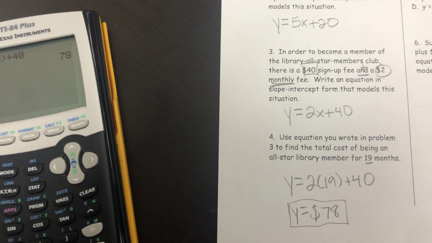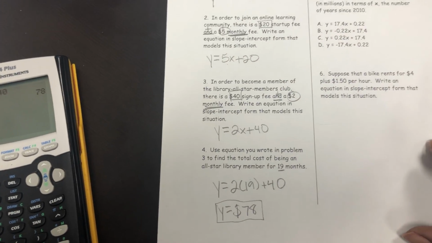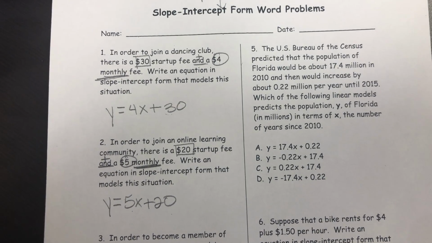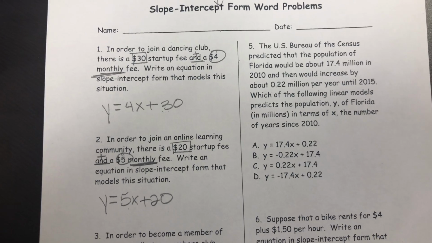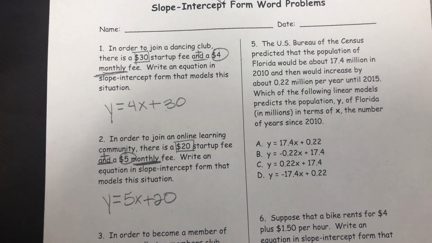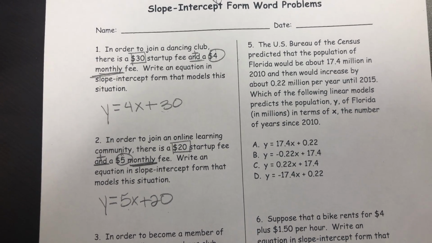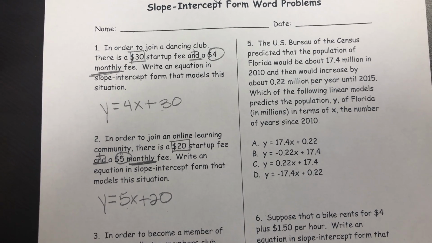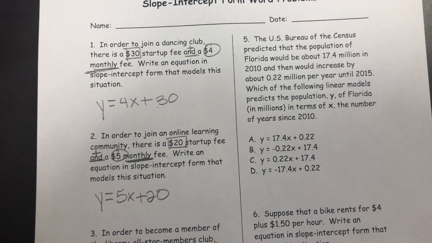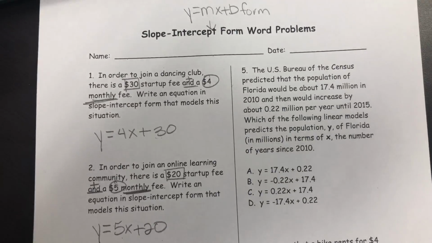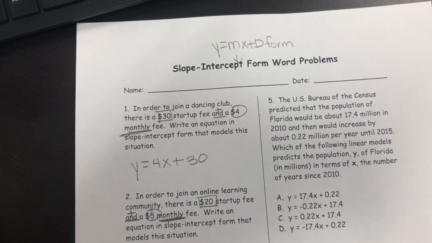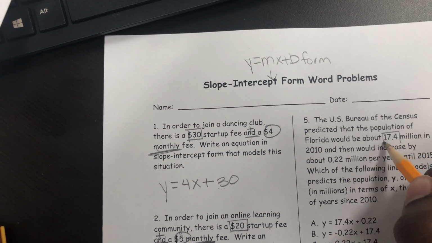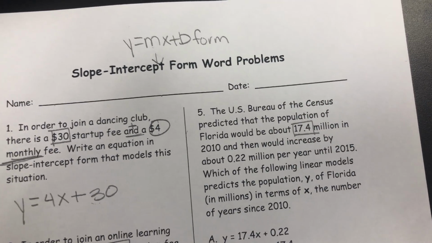All right. So then number 5 says the U.S. Bureau of the Census predicted that the population of Florida will be about 17.4 million in 2010, and then would increase by about 0.22 million per year until 2015. Which of the following linear models predicts the population Y of Florida in millions in terms of X, the number of years since 2010? So this is very wordy, but don't let it confuse you. Just go by the same approach that we've been doing. So 17.4 million, that's going to be boxed.